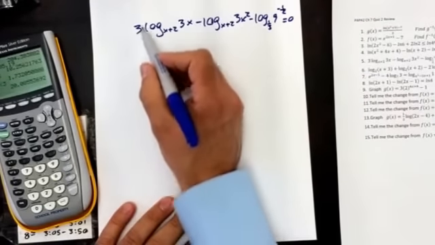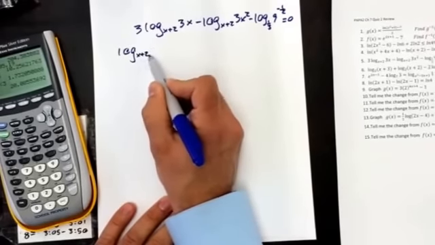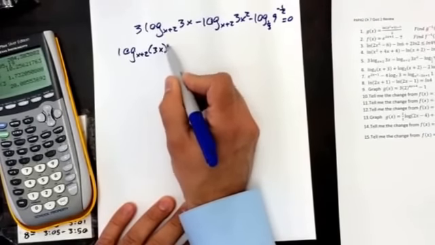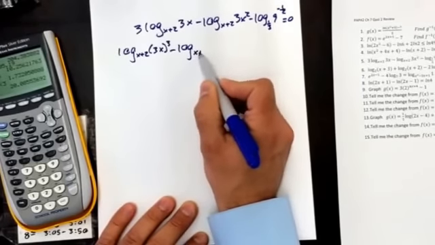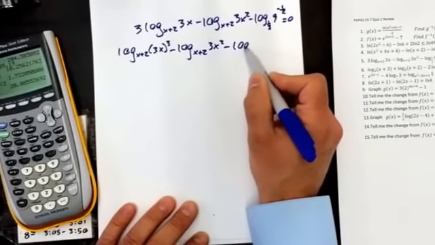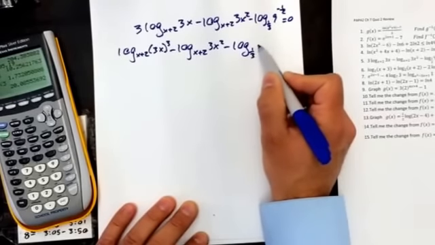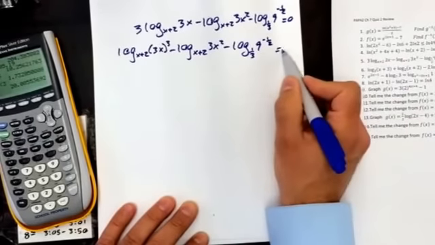So first thing I'm going to do is move this exponent over here. I'm going to say the log base x plus 2 of 3x cubed. I'm going to put parentheses around that to make sure I cube them both. Log base x plus 2 of 3x squared minus log base 1/3 of 9 to the negative 1/2 equals 0.